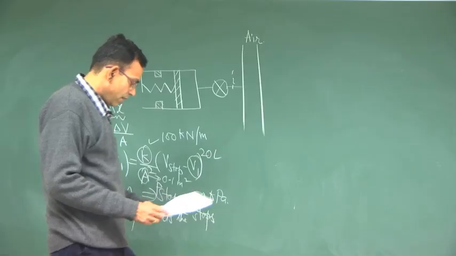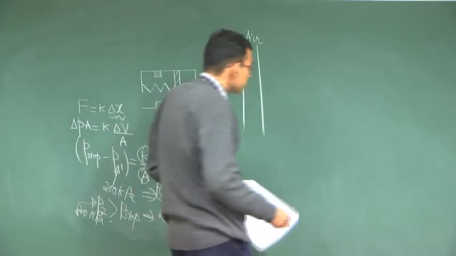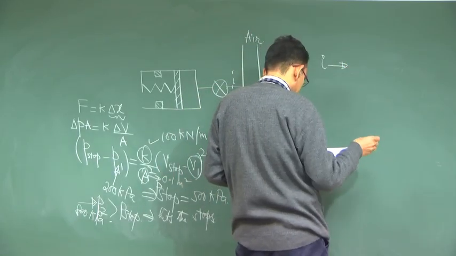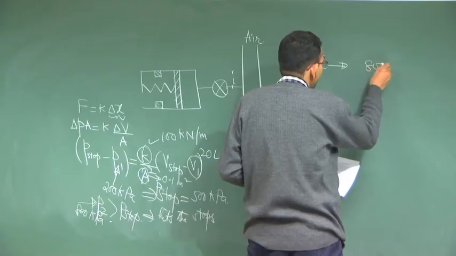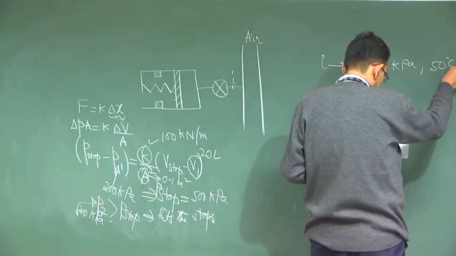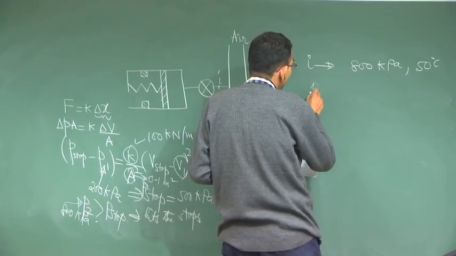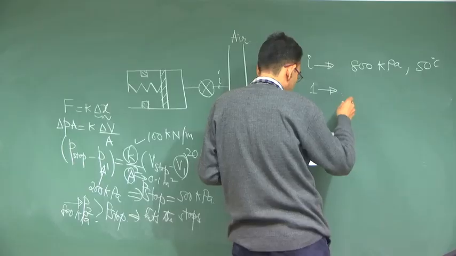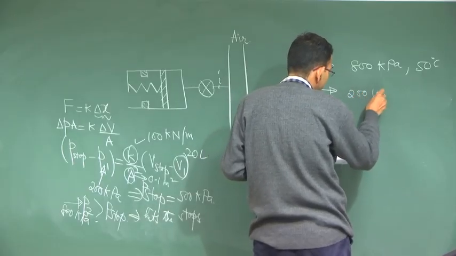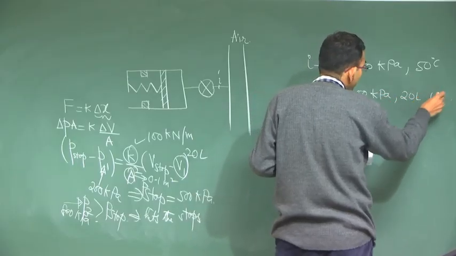So, then what is required is basically the entropy generation. So, let us write what are the states. The inlet state is 800 kilopascal, 50 degree centigrade. State 1, 200 kilopascal, 20 liter, 10 degree centigrade.